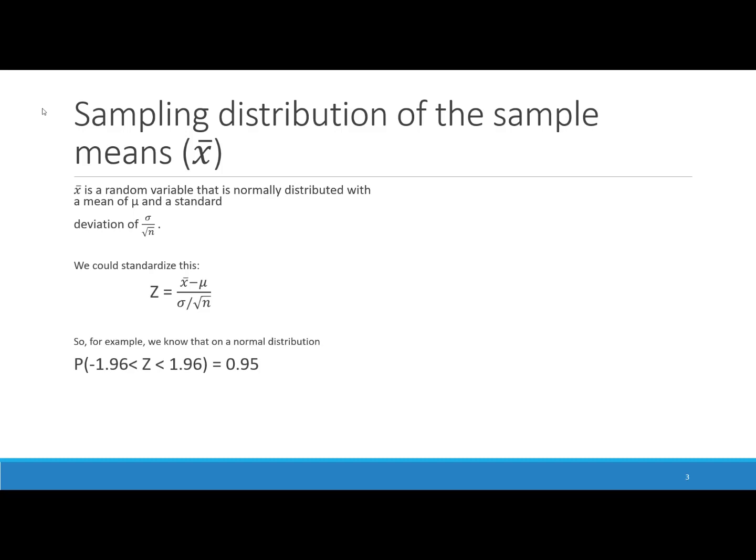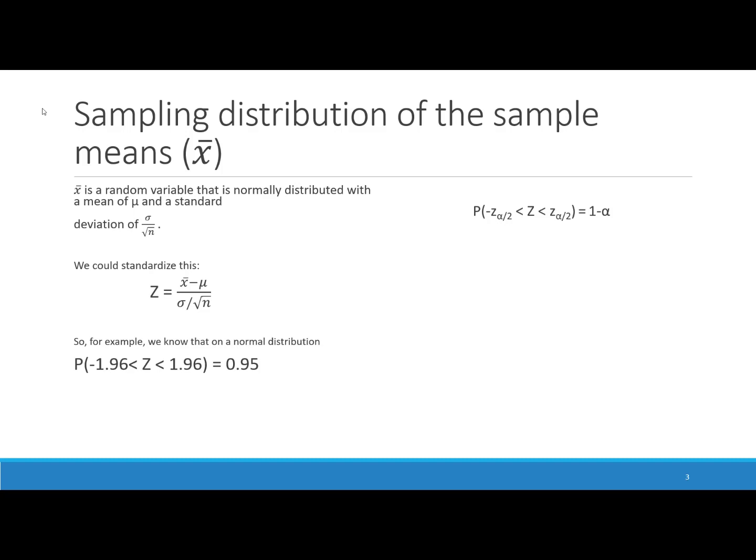And we know, for example, that the area under a normal curve between negative 1.96 and positive 1.96 equals 0.95. And we could generalize this to z greater than negative z at alpha divided by 2 and less than z alpha divided by 2 equals 1 minus alpha.